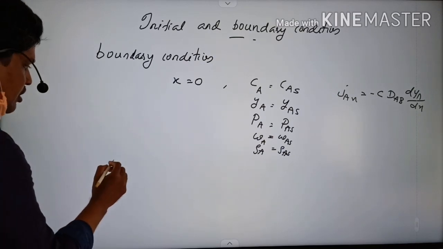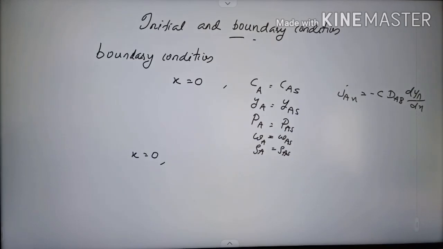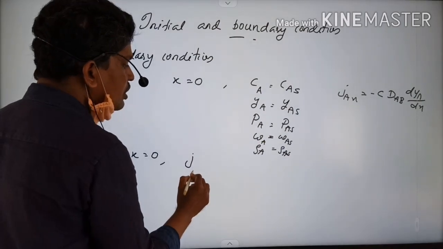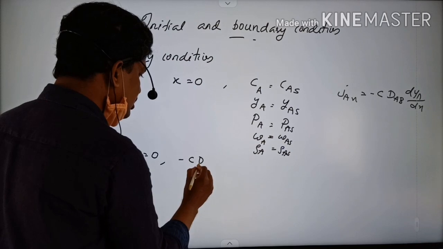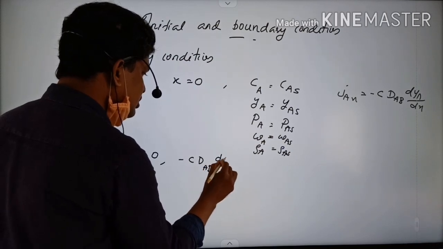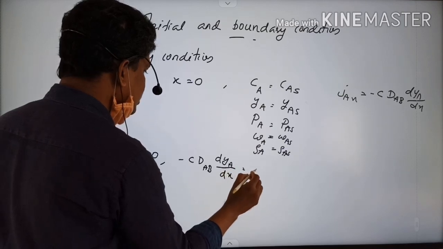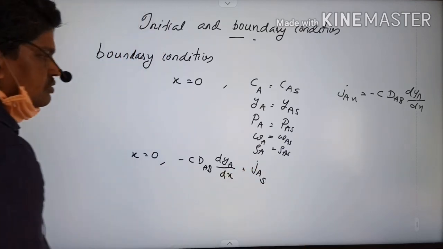The boundary condition can also be expressed when x is equal to 0, where we have Jx, that is minus c DAB into dyA by dx, which is equal to JAS.